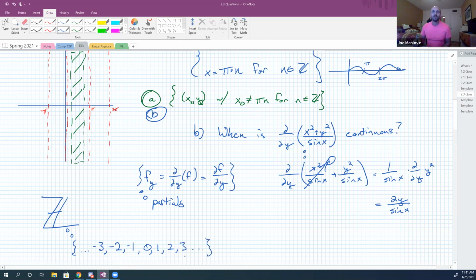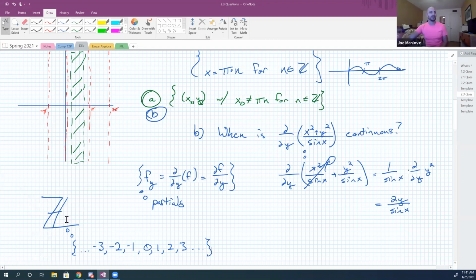This is called blackboard bold. If you look in the textbook, it'll just be a big capital Z. It probably won't have this funny hieroglyphic thing going on. Depends on which book you're reading.